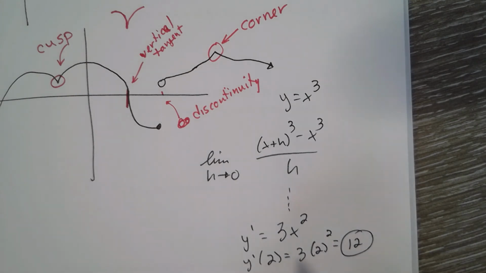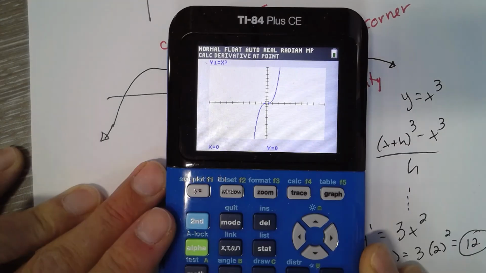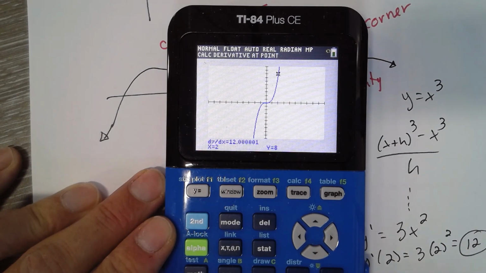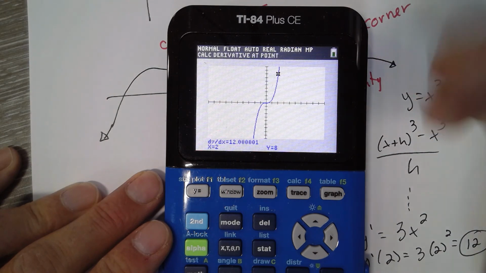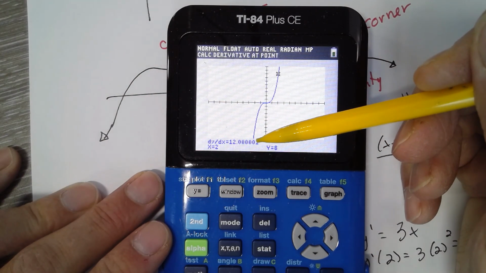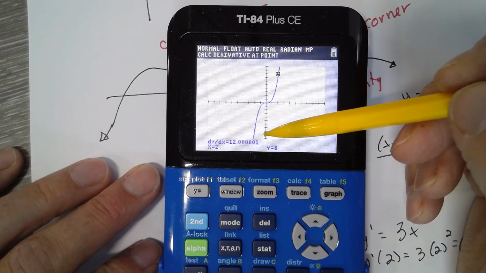We did it analytically. Let's see what the calculator gives us. Calculate derivative at 2, and it gives us 12.000001. I don't know if I got the zeros right. Okay, so the calculator thinks it's 12 point a bunch of zeros 1.